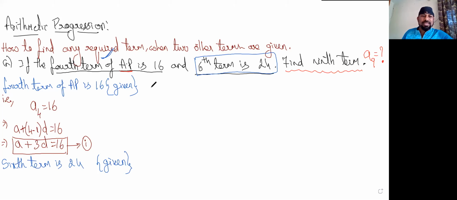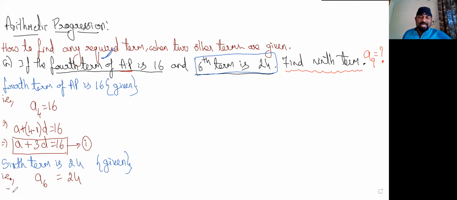The sixth term is 24, so we can call it A6 is equal to 24. Sixth term means A6 is equal to 24.